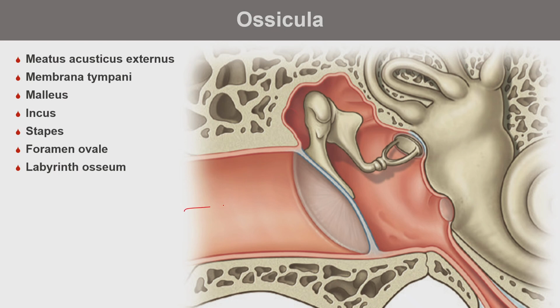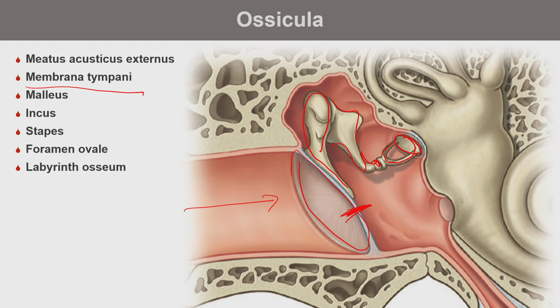So, from the meatus acousticus externus, the external channel, the drum, membrana tympani, is vibrating, and then we have the malleus, hammer, incus, and here stapes.